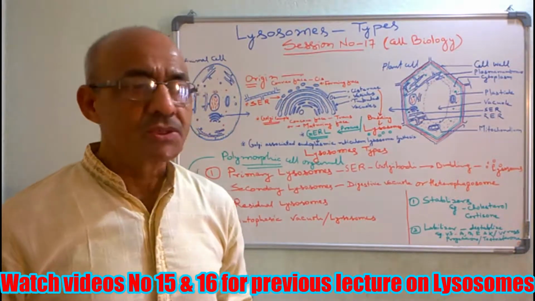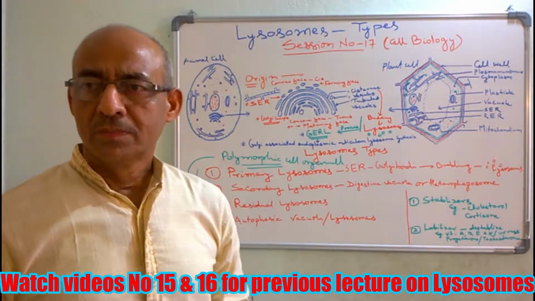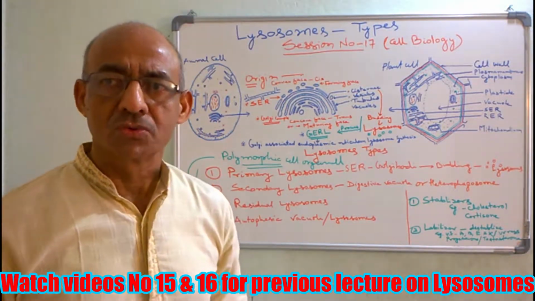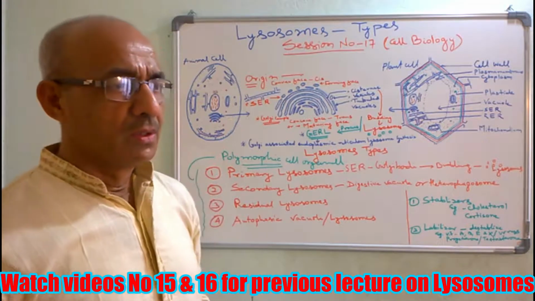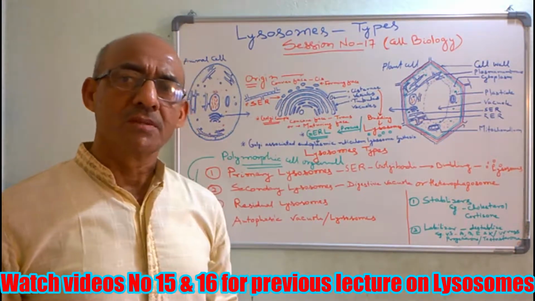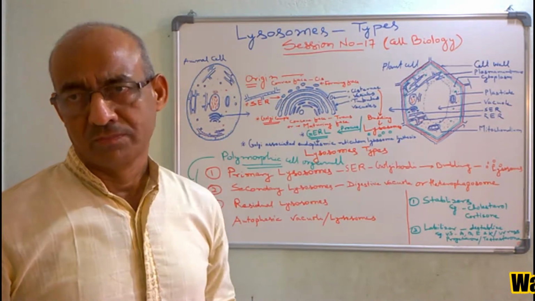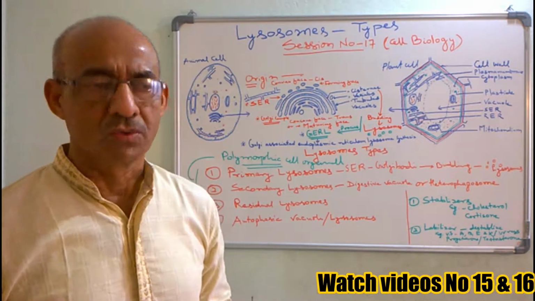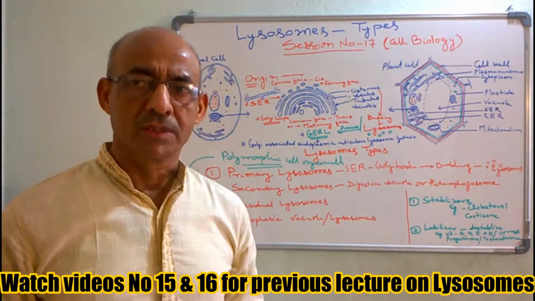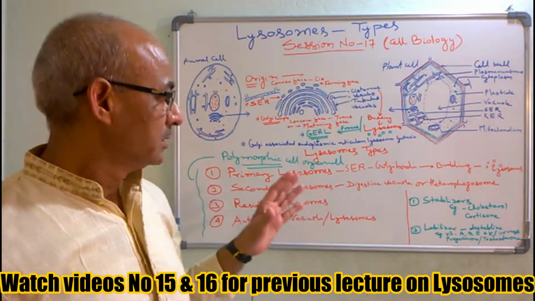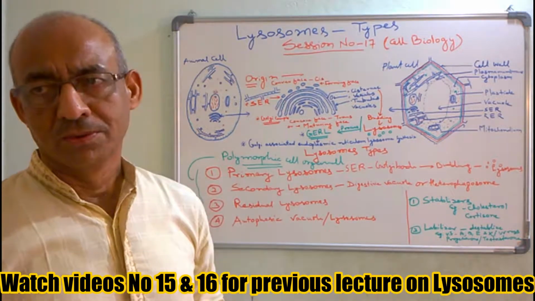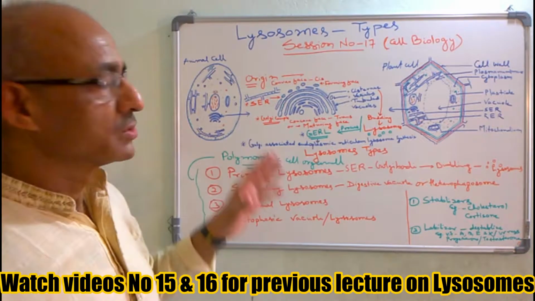In the 16th session, we went through the various functions of the lysosome. Now we have to discuss the various types and forms of lysosomes found in eukaryotic cells. With this session, we will conclude the discussion on lysosomes.